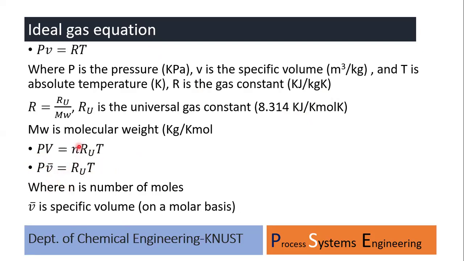So now I'm dividing this V by the number of moles, so I'm going to have my specific volume in terms of moles. So it's going to be maybe meter cube per mole. Is that okay? And then I'll have here RU T. Is that fine? Okay, that's good.